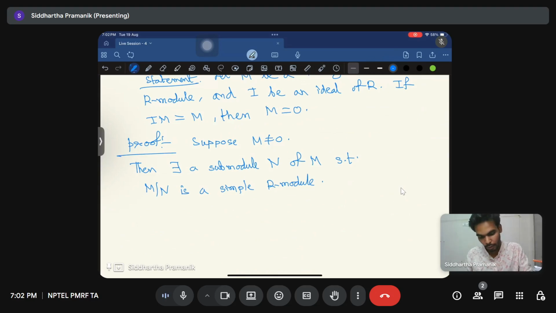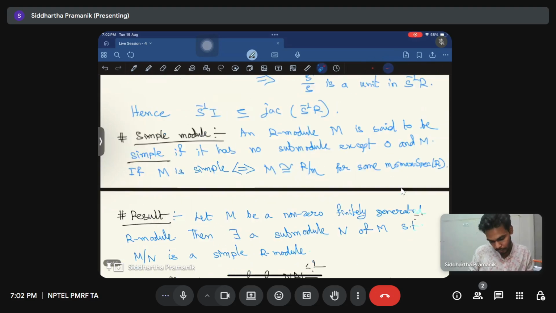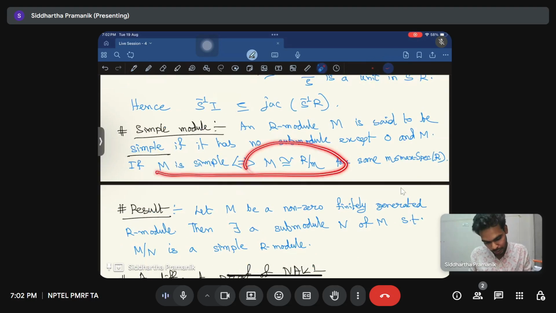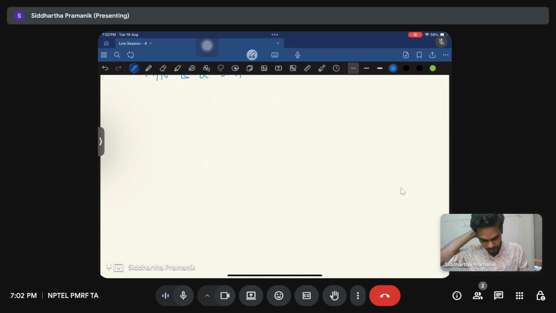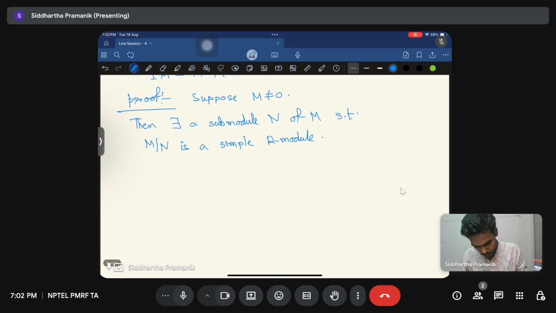But a simple R module has a special form. This module has to be isomorphic to some quotient by a maximal ideal. So there exists a maximal ideal of the ring R such that M mod N has to be isomorphic.